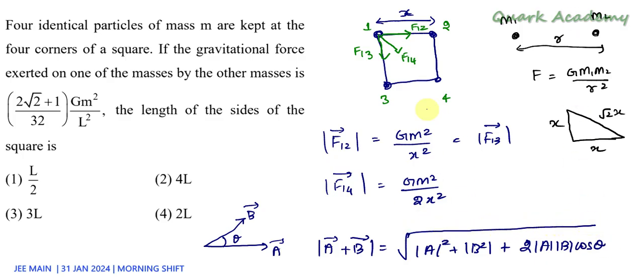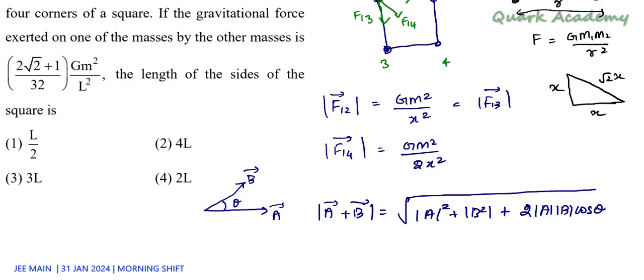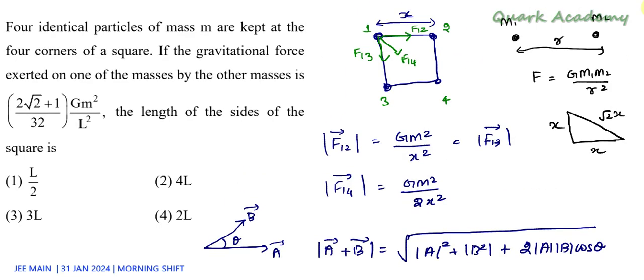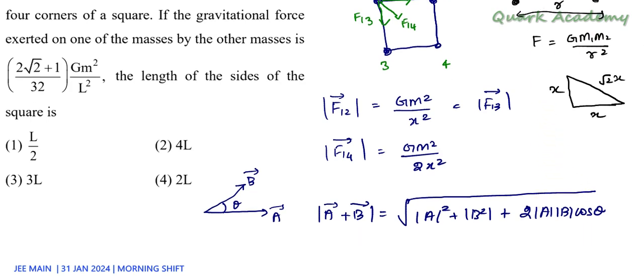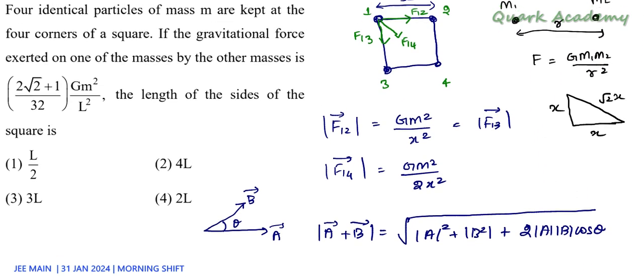This is a basic thing in vector addition. Here, the angle between F12 and F13 is 90 degrees, so the third term will be 0. We are left with only the first two terms.